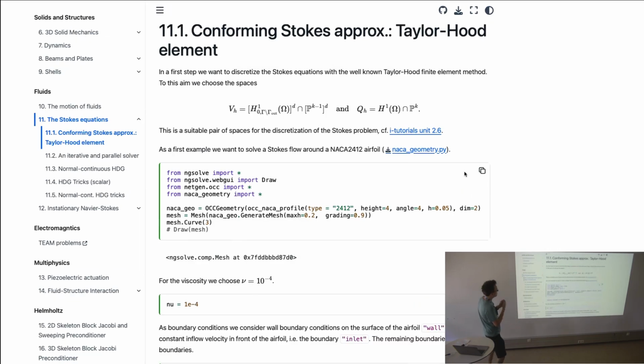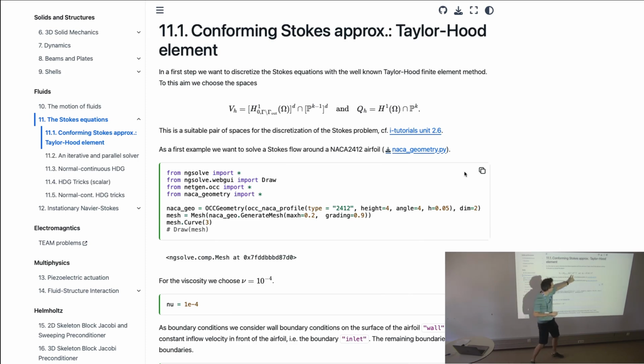Very simple stuff. We take a look at function spaces that are finite dimensional, that are subspaces of our continuous setting. And the most famous example probably is a Taylor-Hood element, where you take polynomials of degree... Oh, that's wrong. Before we had Pk and Pk, and now I corrected this, and I put the k-1 to the wrong side.